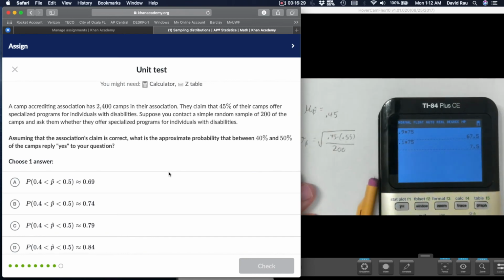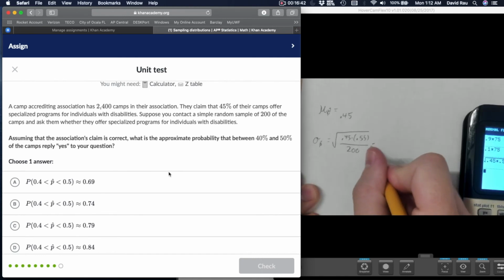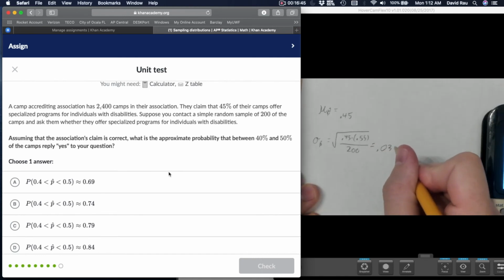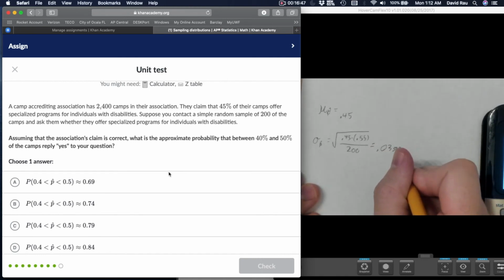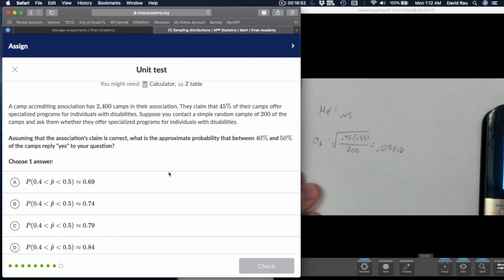So 0.45 times 0.55 divided by 200, and I'm going to round that to 5 places, just since it's my intermediate work. 0.03518 if I'm rounding to 5 places.